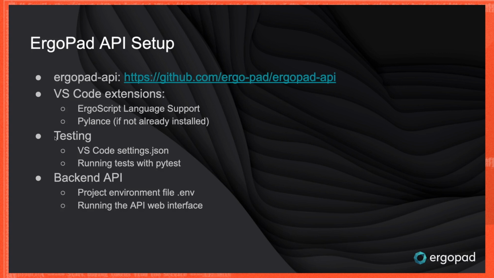Then we're going to go over how to set up the testing for the contracts using the Python Appkit library and PyTest. And then finally, we're going to go over the backend API setup, configuring the environment file, and then running the API interface, similar to the Node interface.